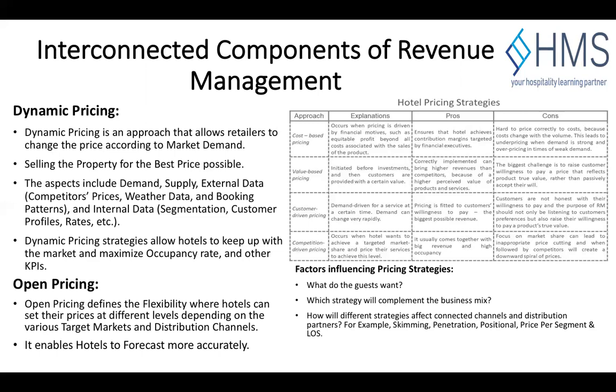And length of stay is also a major aspect. It is where demand outweighs supply. It can help to implement a rule where guests are obligated to stay a minimum number of days. In such cases, low rates may not be necessary. So this is irrespective of the rates, but mainly based on the demand. This again depends on the season, whether it's a high or a low peak season. Accordingly, it shall be done.